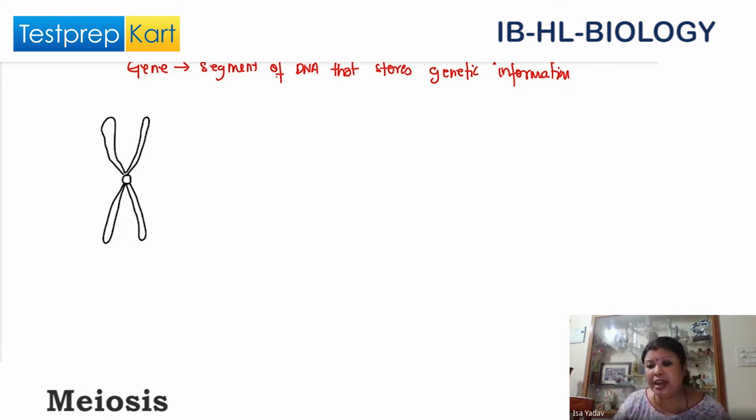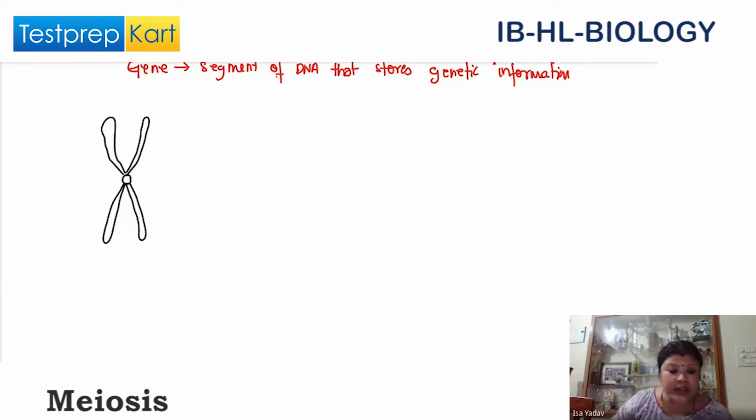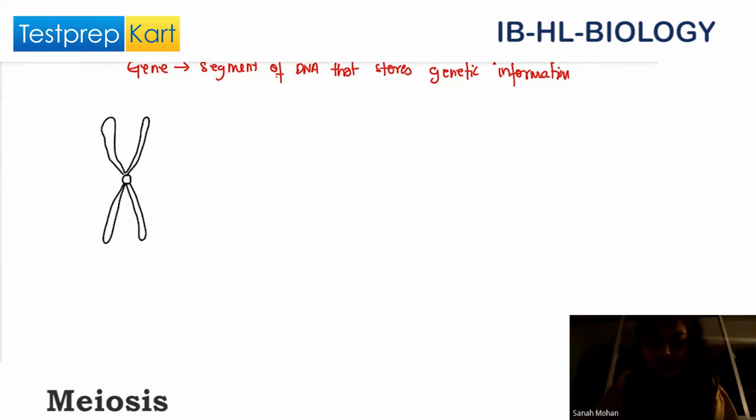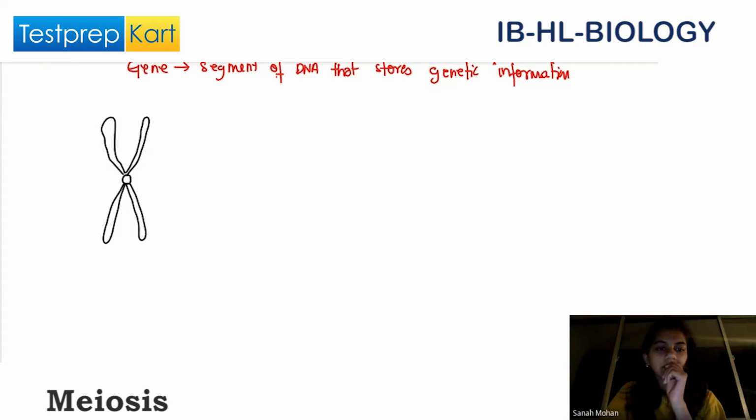So Sana, you have done replication, you have done transcription. Can you tell me what are the methods through which gene can express itself? See, without expression, there's no character. Yes. You have done transcription, RNA synthesis. You have done translation, protein synthesis.